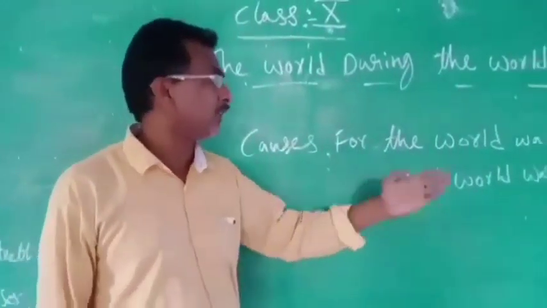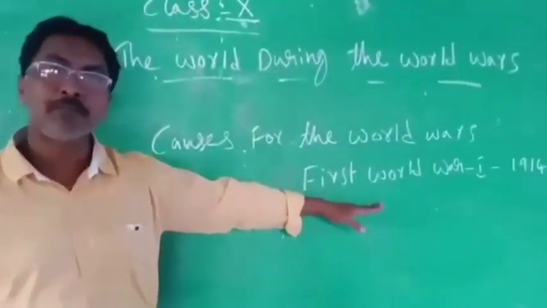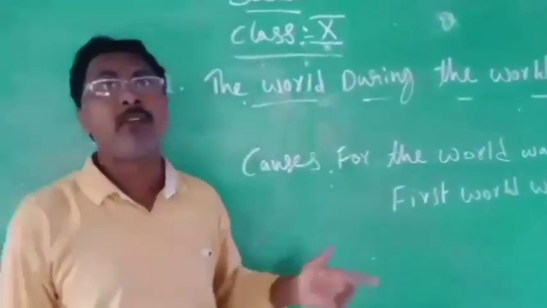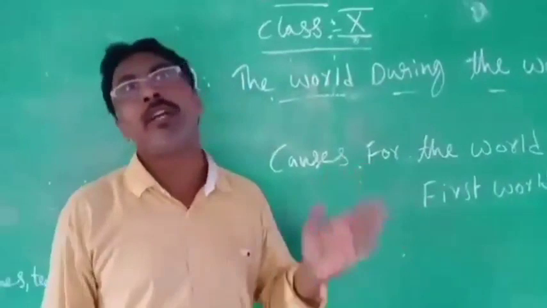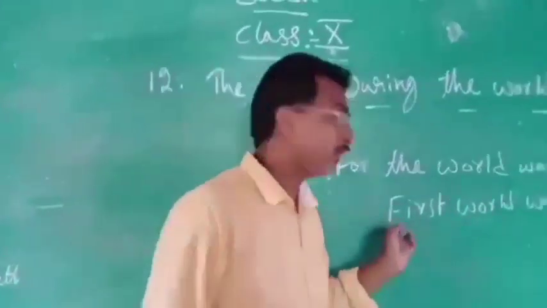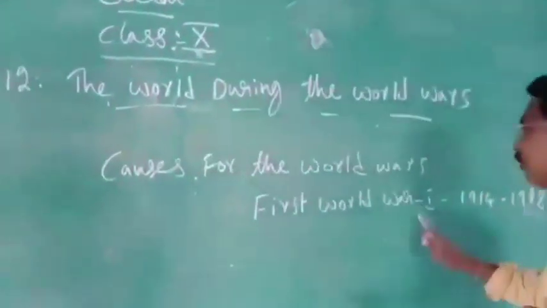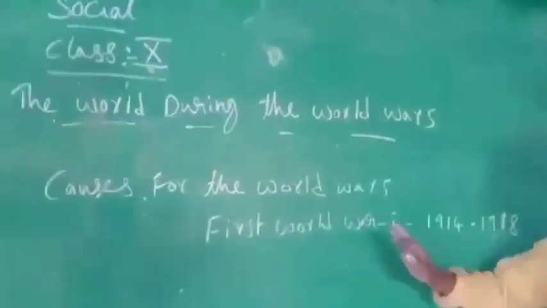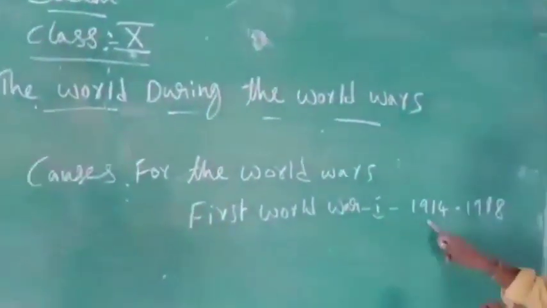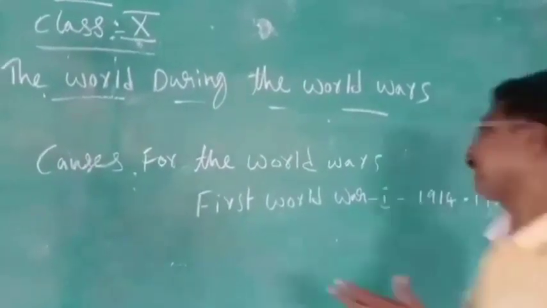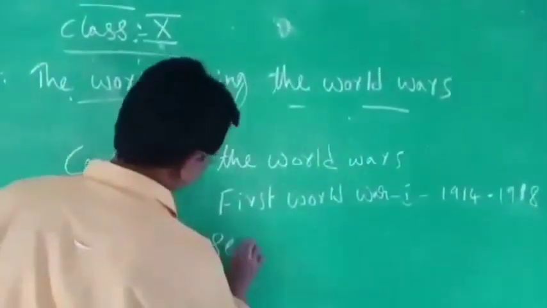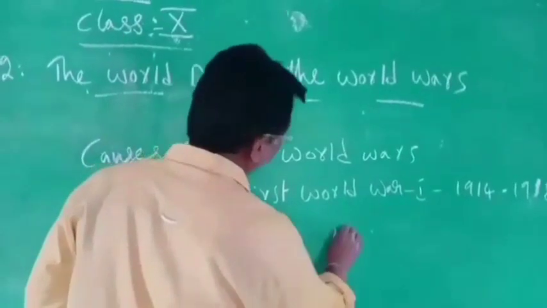You should know about the first world war. When did the war happen? The first world war happened in 1914 to 1918. So you should remember that. If they ask you when the first world war took place, the first world war took place in 1914 to 1918. And when was the second world war?